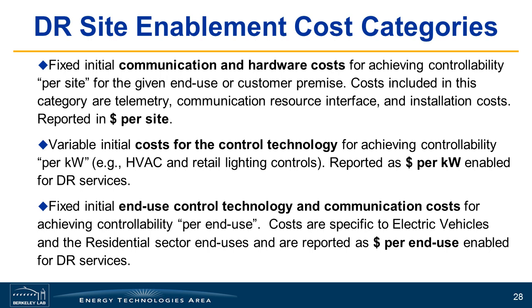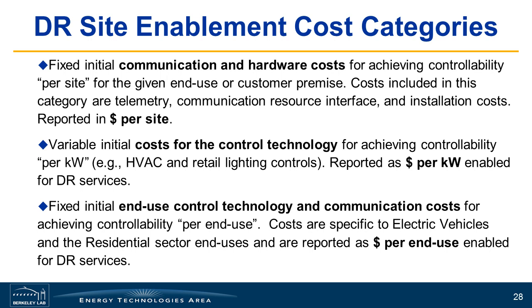Industrial is in its own class, and residential is in its own class. So these include technology and installation costs, and are either provided as an aggregate cost in that it's a dollars per site. So it's the cost of enabling an entire site, or it's calculated by enablement cost per kW of load enabled to provide DR.